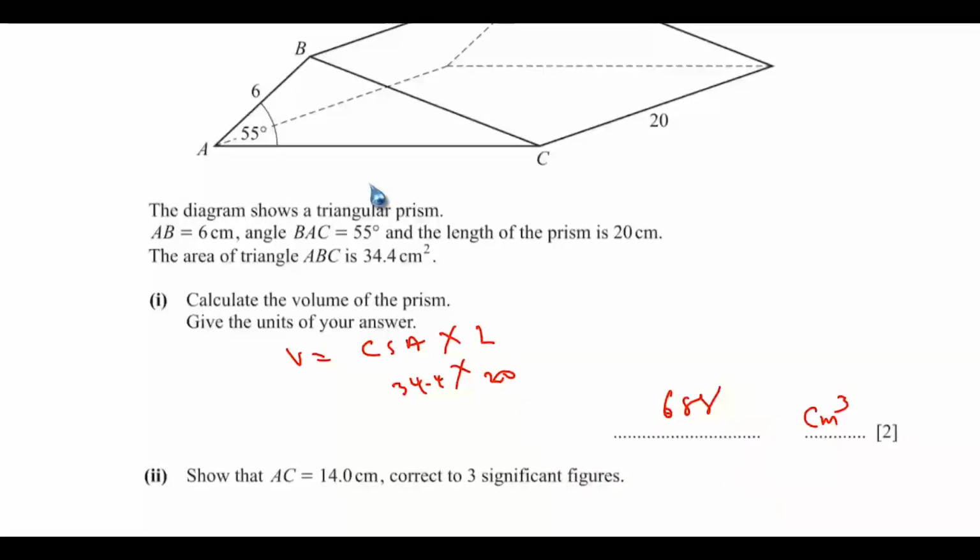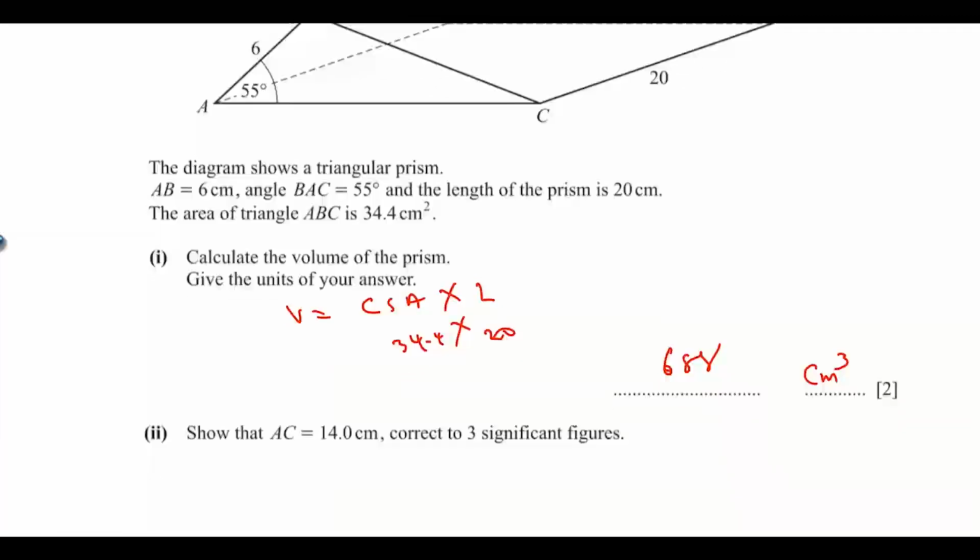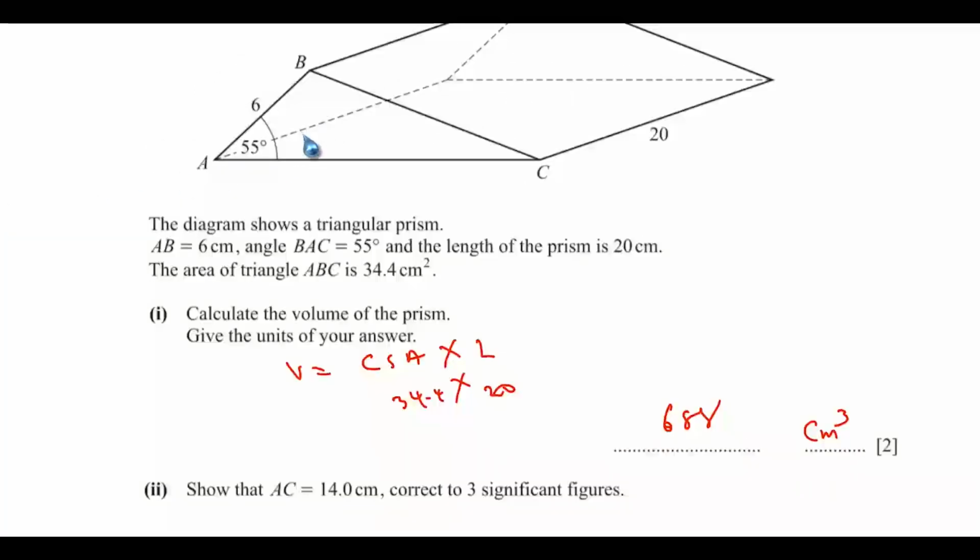So to do this, we have to use the area of a triangle. The area of triangle ABC is given as 34.4 centimeters squared, and we can use this formula since we have an angle and we are dealing with two sides.